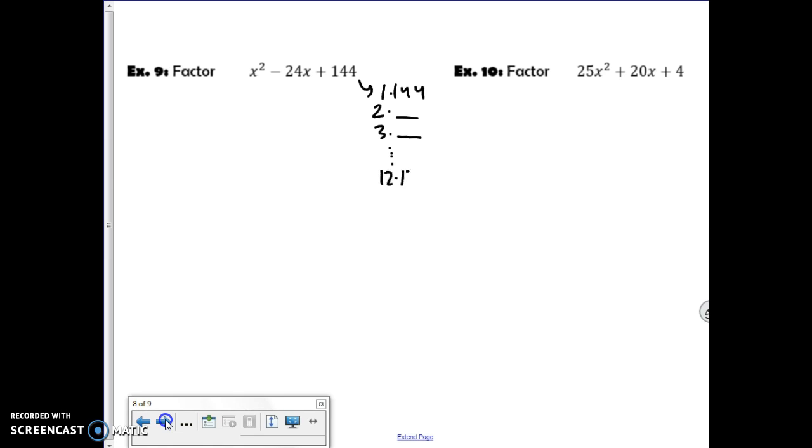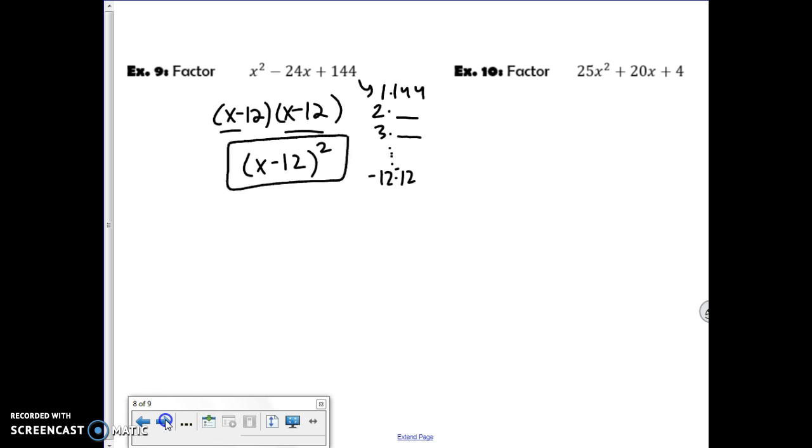But I know for a fact that 12 and 12 will give me 144, and that will also add to negative 24 if I make them both negative. So this would be x minus 12 and x minus 12. Remember, the goal is because they're exactly the same parenthesis, I can write it as x minus 12 squared. That is fully factored. That's as far as it's going to go.